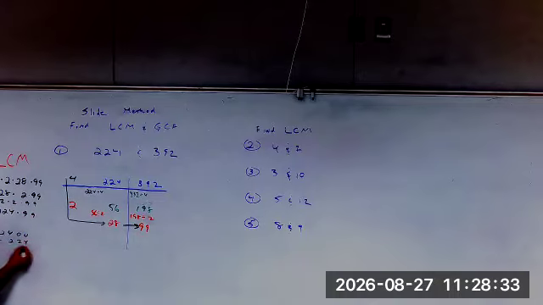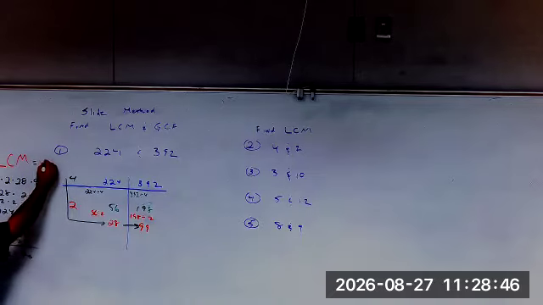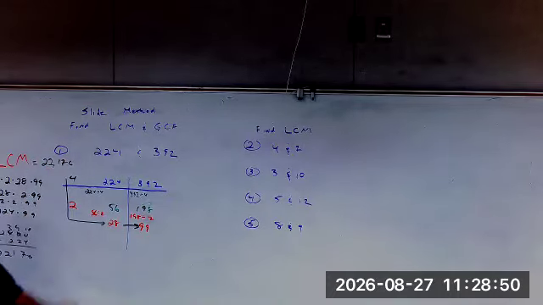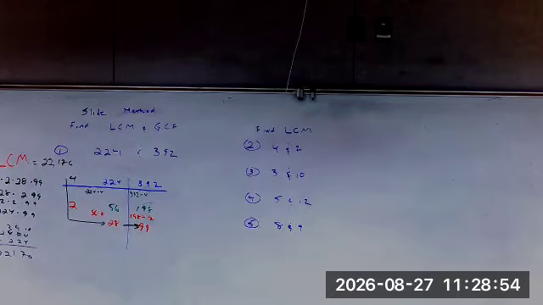And that's going to be 22,176. Is that right? Okay. It's a little late in the day. I can't do it in my head, but I can do it on pencil and paper.